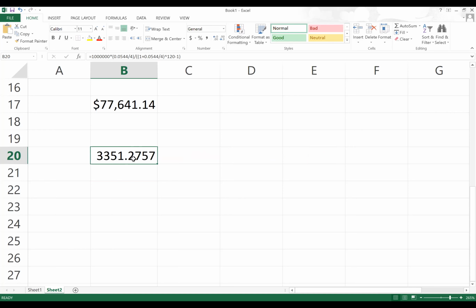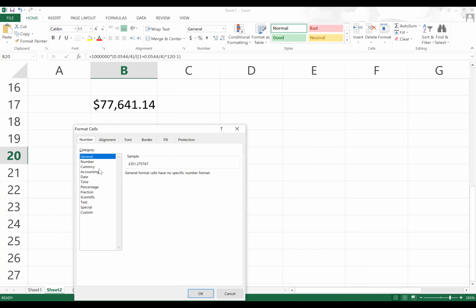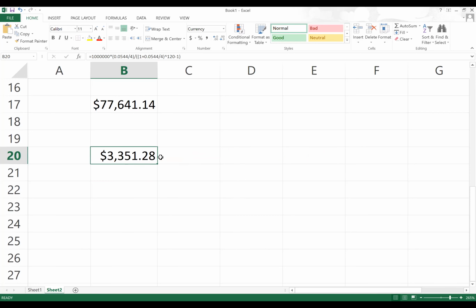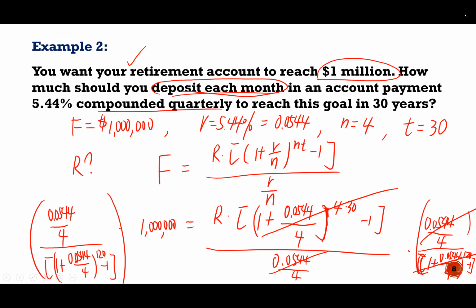So the monthly contribution should be $3,351.27. Okay. All right. That should be the monthly contribution, $3,351.28.